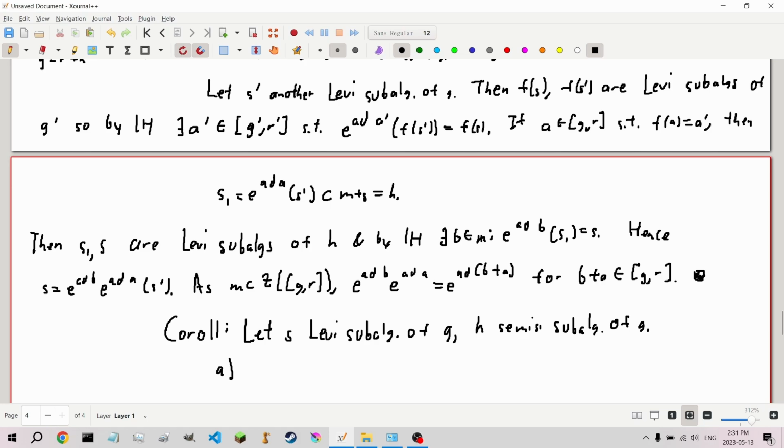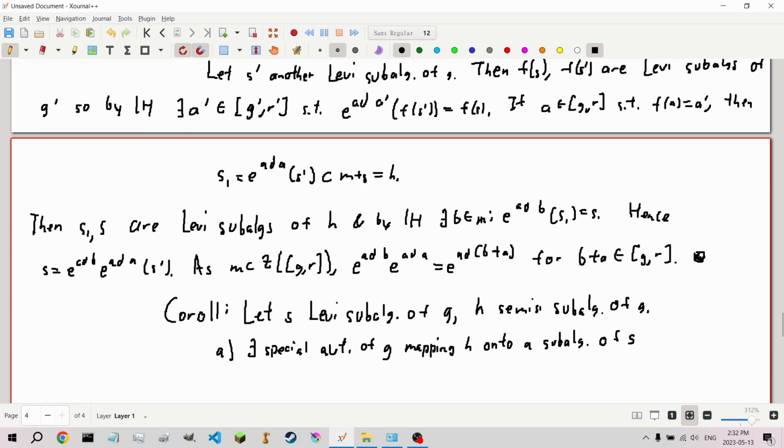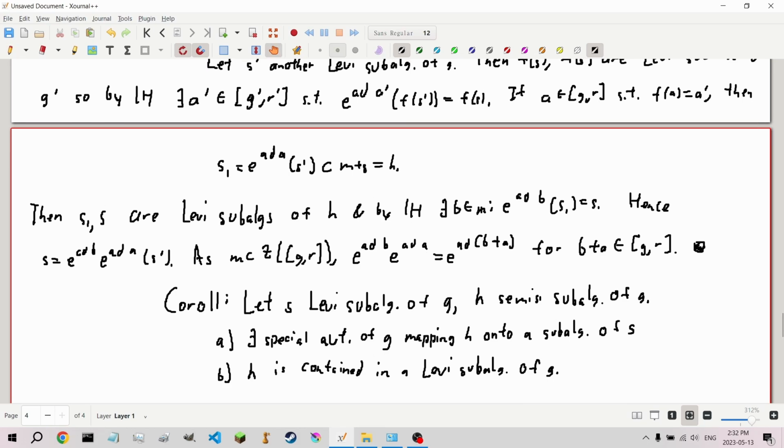A, there exists a special automorphism of G mapping H onto a subalgebra of S, not G. And B, H is contained in a Levi subalgebra of G.